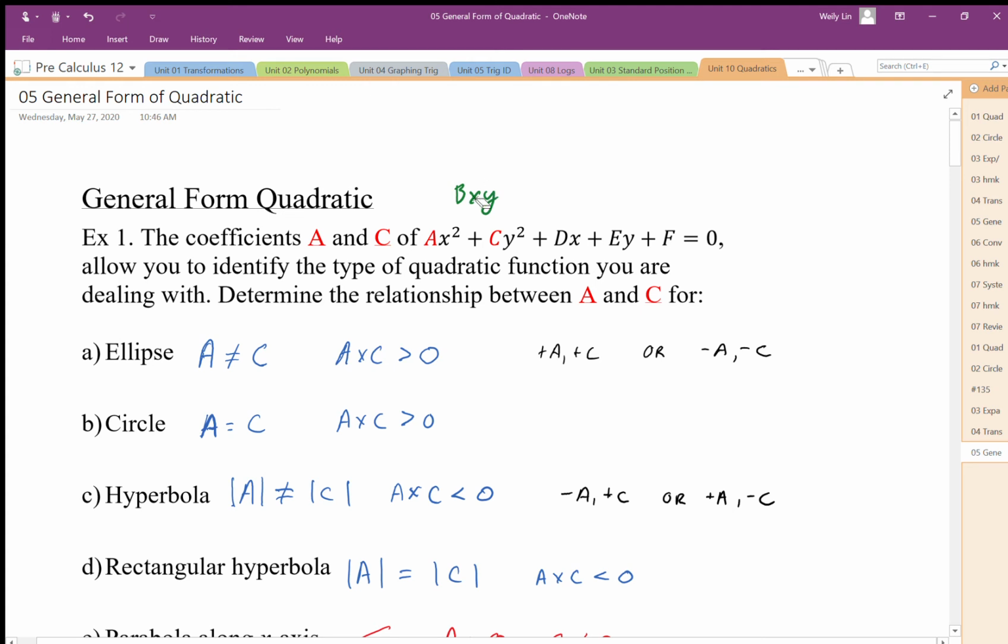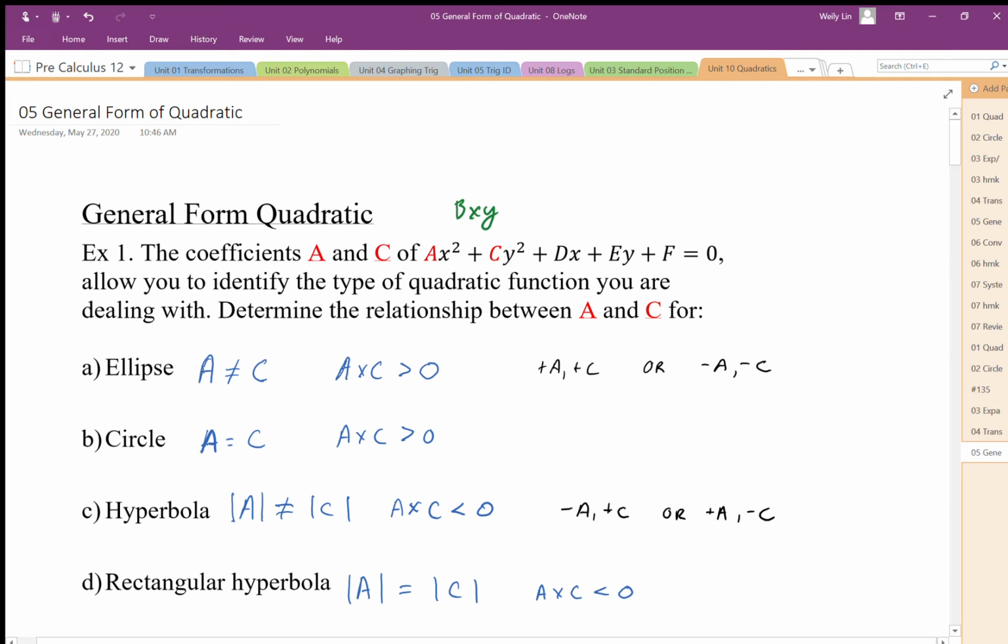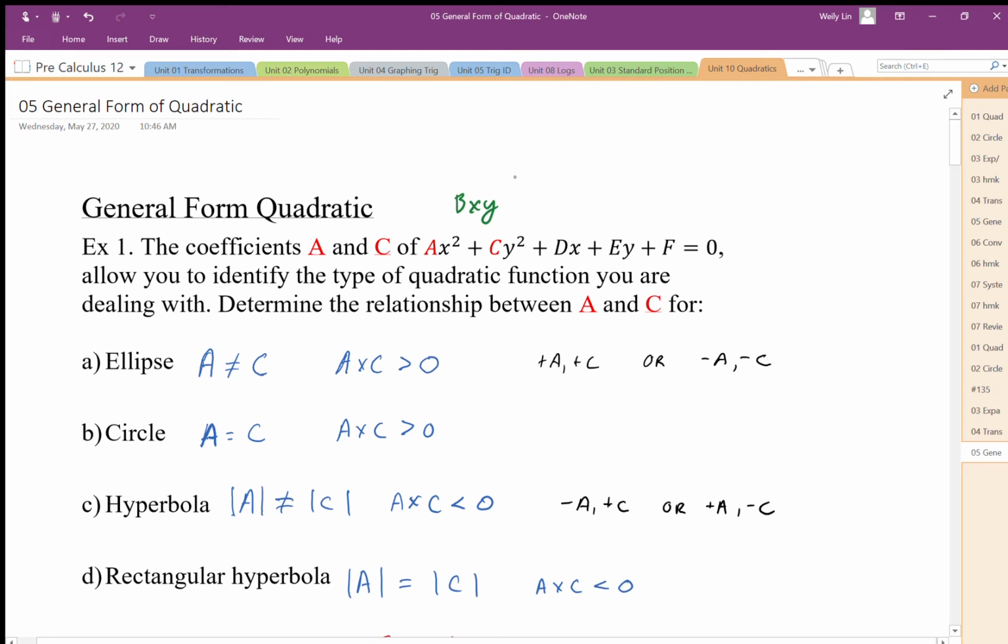But what that term does is help rotate, spin the hyperbolas and parabolas and ellipses around, so instead of along the axes, they're at an angle. So we're not going to deal with it, so bxy exists, but we don't use it in Math 12.